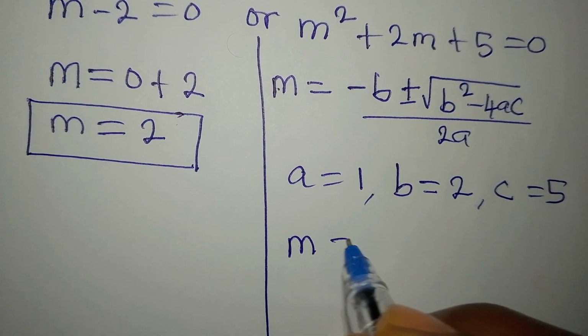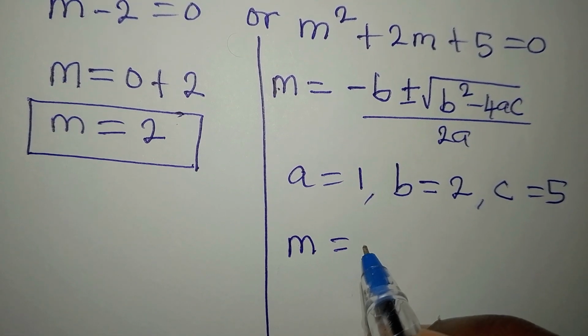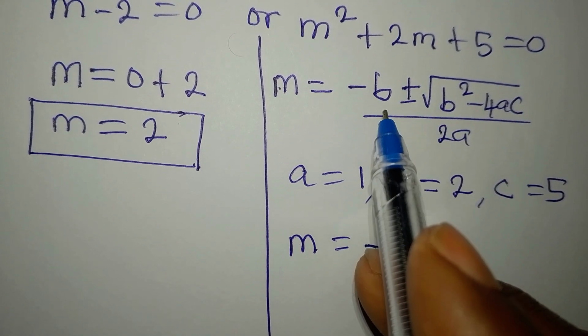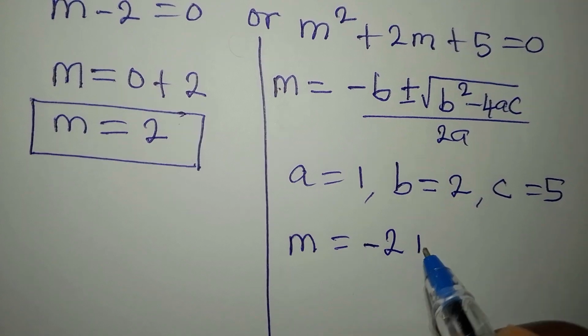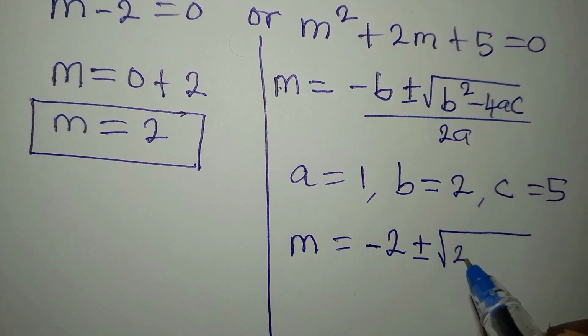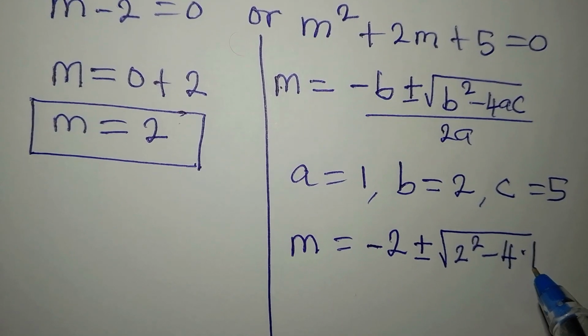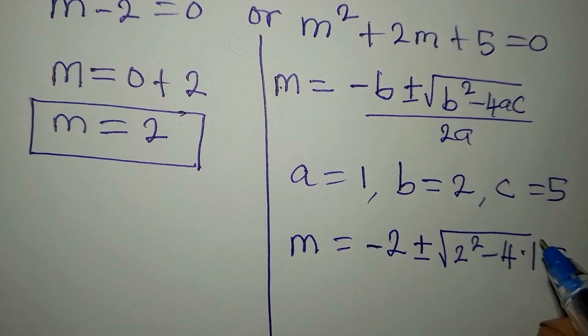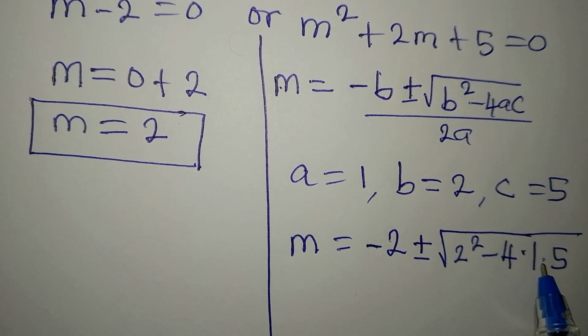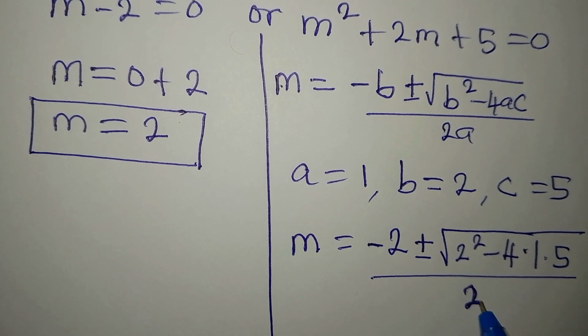Now, our m will be equal to minus, okay, our b is 2, so in place of minus b we have minus 2, plus or minus, then b squared will be 2 squared, then minus 4 times 1 times 5, because a is 1 and c is 5. So we'll now divide that by 2 times 1, and that is still 2.